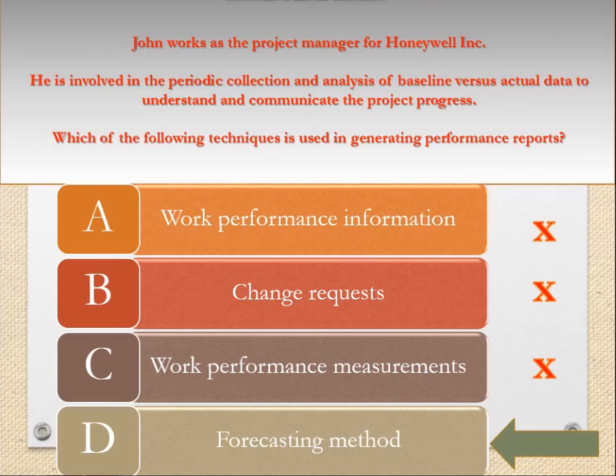Answer option C is incorrect. Work performance measurements are created from the work performance information. WPMs are an output of control schedule, control cost, and control scope processes, which are monitoring and controlling processes. WPMs consist of planned versus actual performance indicators with respect to scope, schedule, and cost.